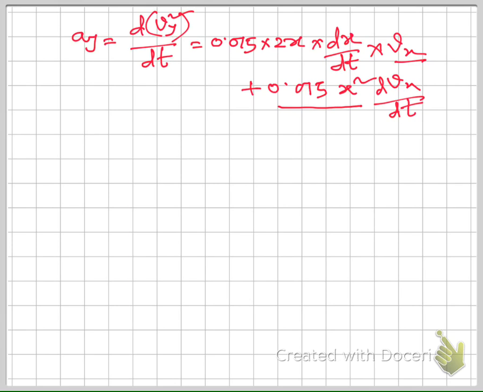So this is the ay component, and we know that this is equal to 0. So if we simplify, but before that, dx dt is also a vx.